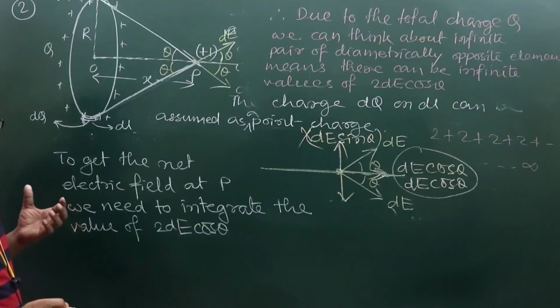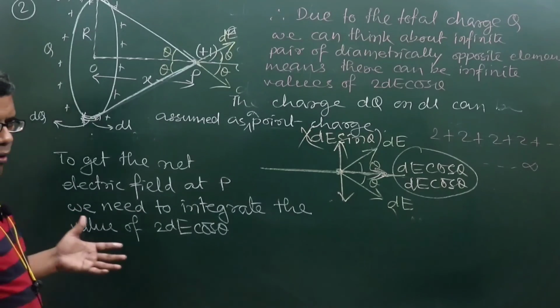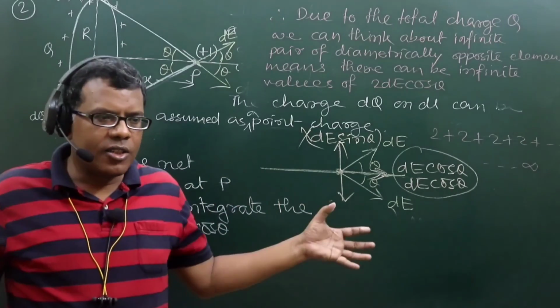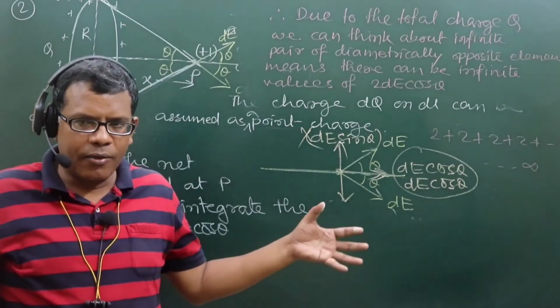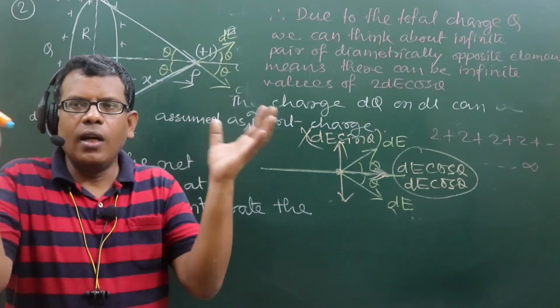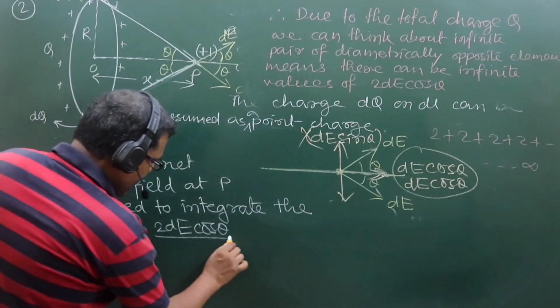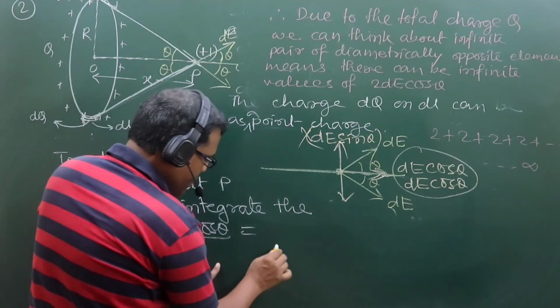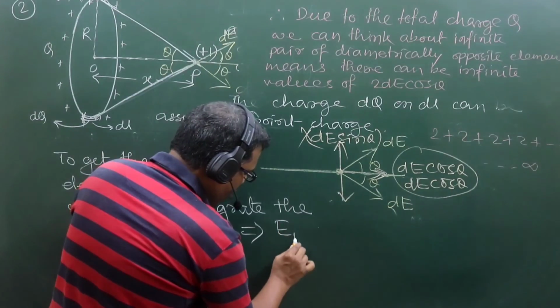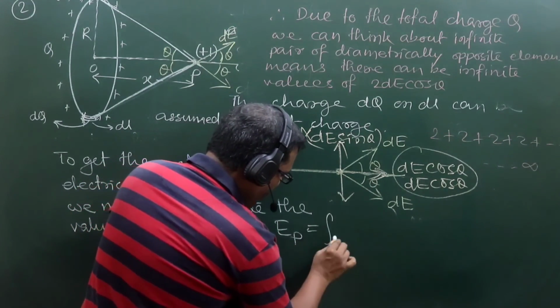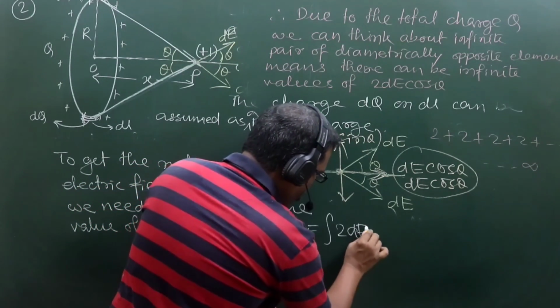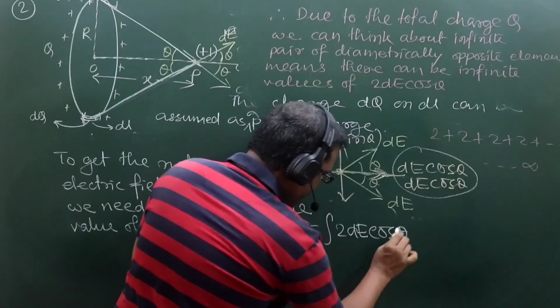Integration is the part of calculus where we add small quantities and assemble them to make a bigger quantity. So the total electric field at P can be obtained by integrating 2dE cos theta. Now this is the mathematical part.